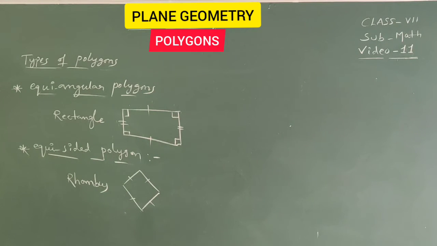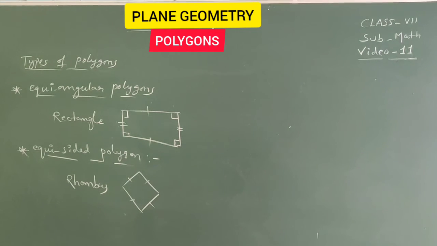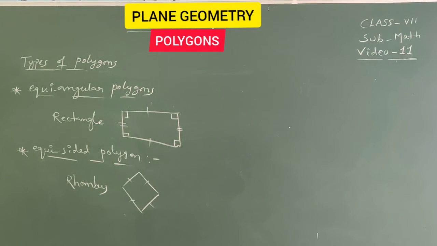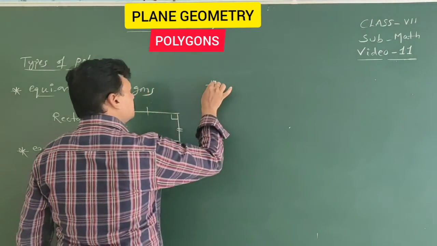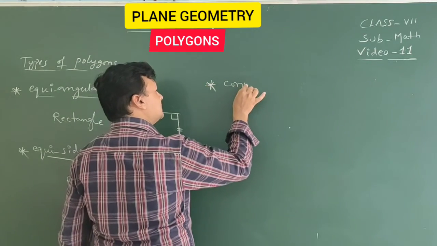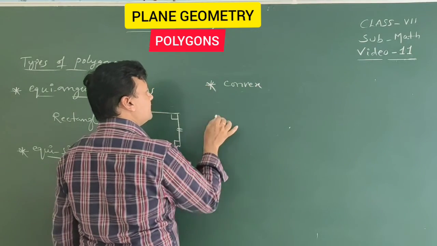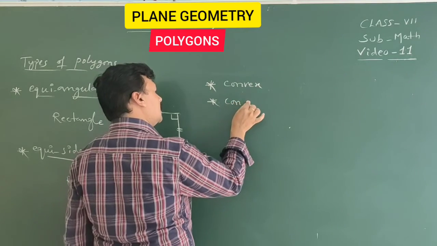Okay, these are the types of polygons. These are the kinds of polygons. First one, convex. Second, concave.